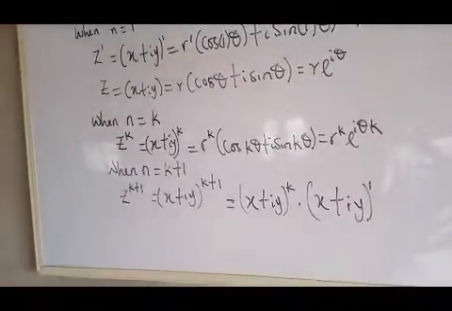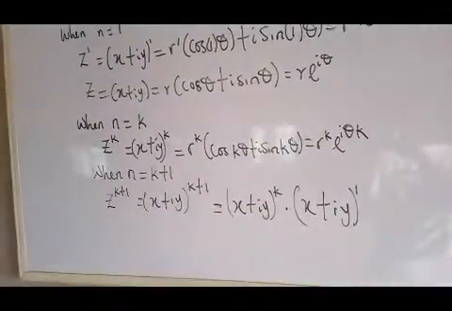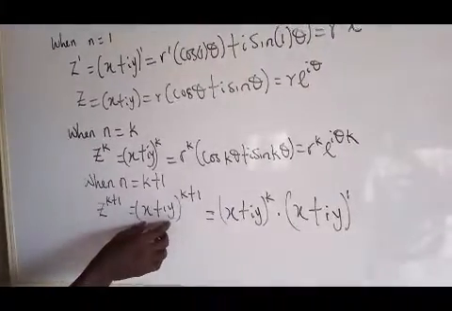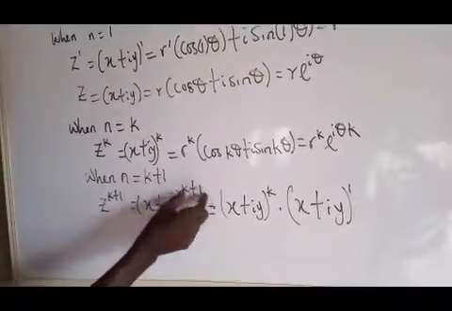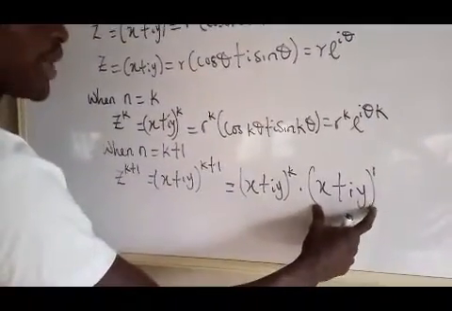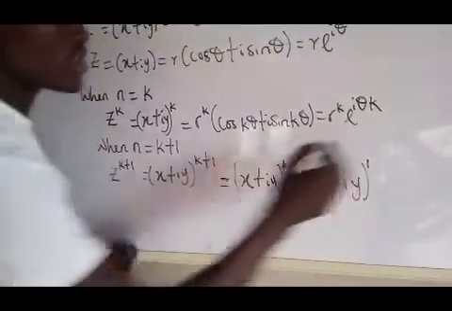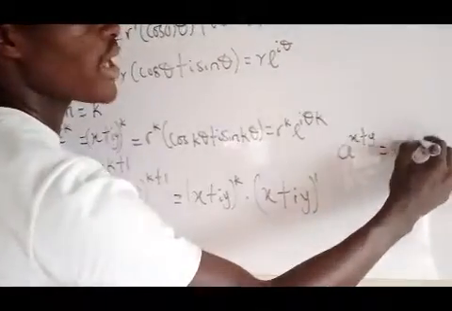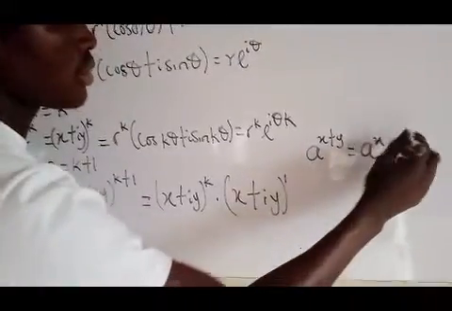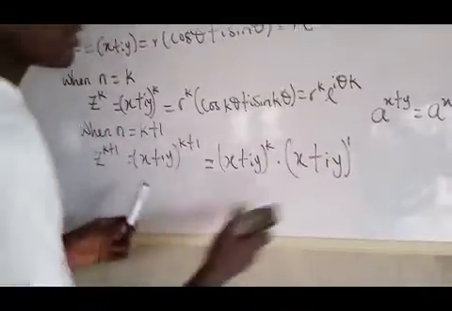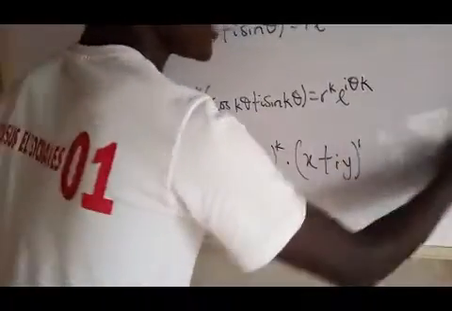So we can see that this is still the same if we apply the indices law that says if I have a raised to power k plus 1, it's the same thing as saying a^k times a. Like this is what I use: a raised to power x plus y is the same thing as a raised to power x times a raised to power y. All right, so this is what I am using. So let's take it further.